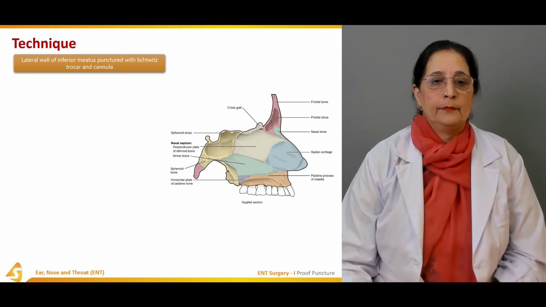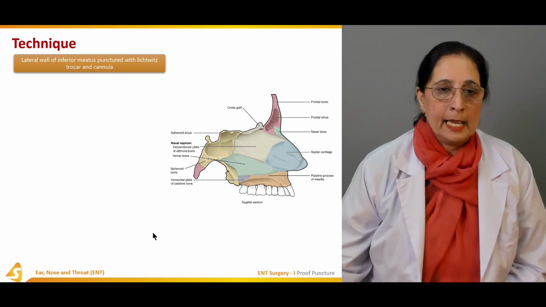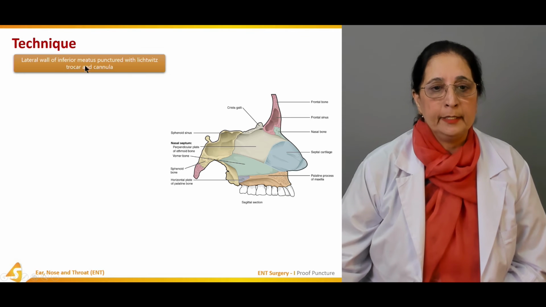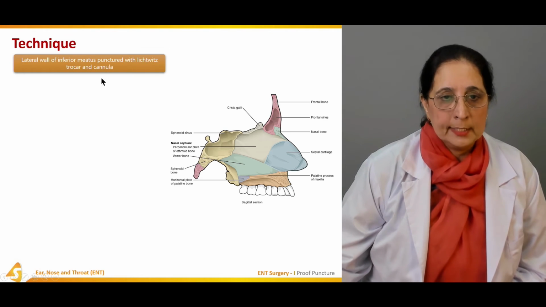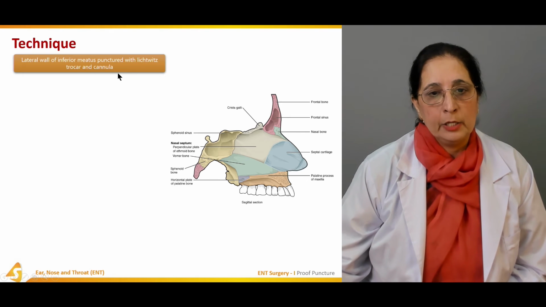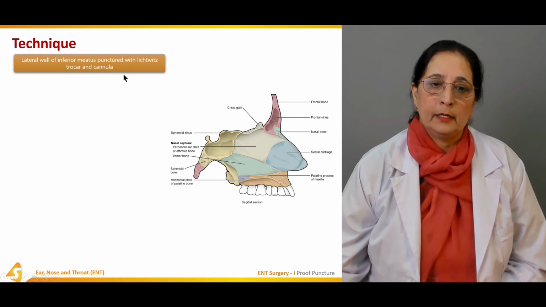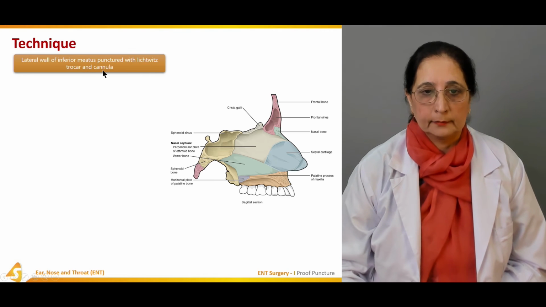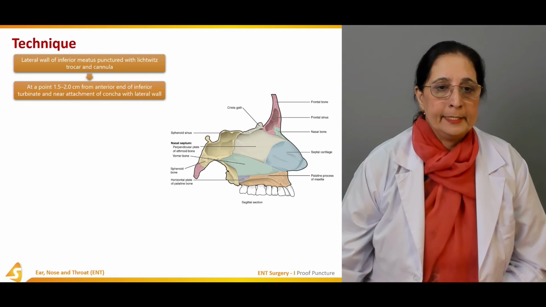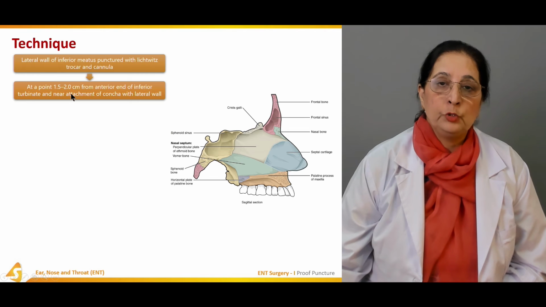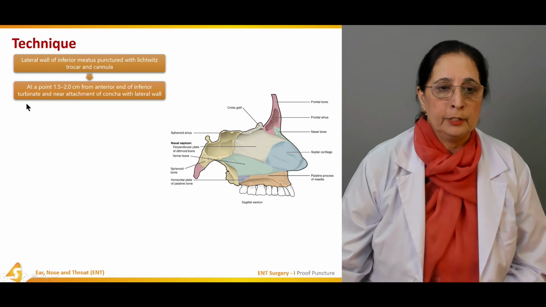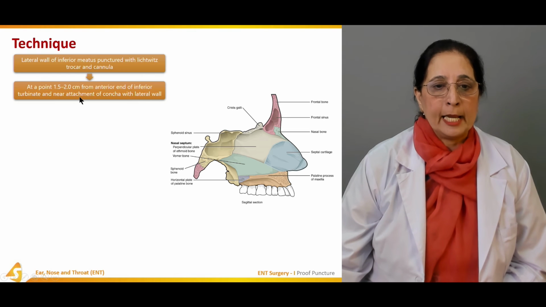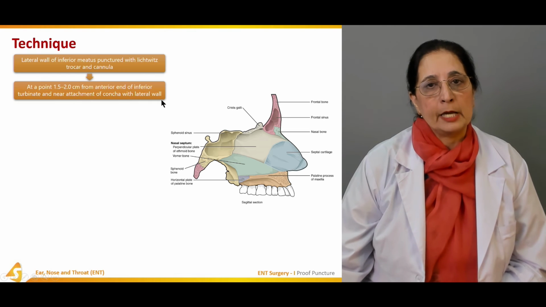The technique of the proof puncture: the lateral wall of the inferior meatus is punctured with a trocar and cannula, at a point 1.5 to 2 centimeters from the anterior end of the inferior turbinate and near the attachment of the concha with the lateral wall.